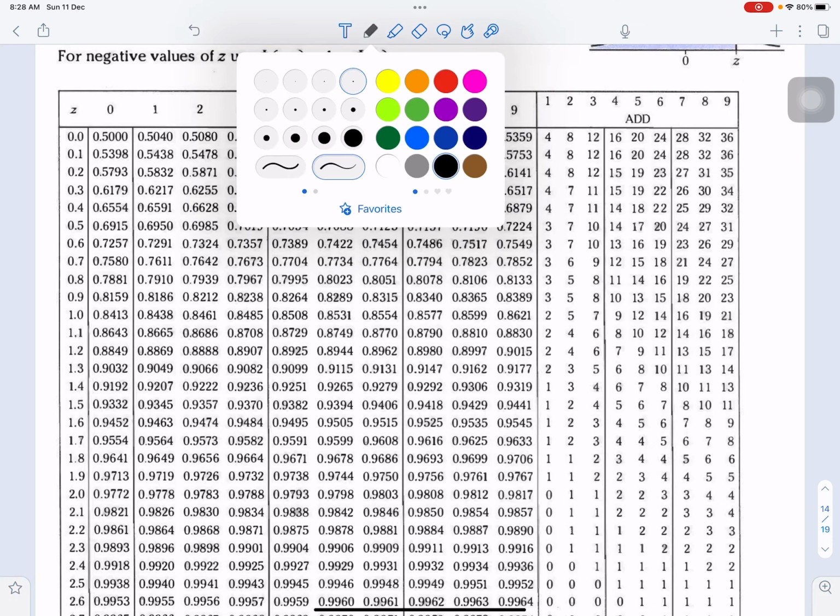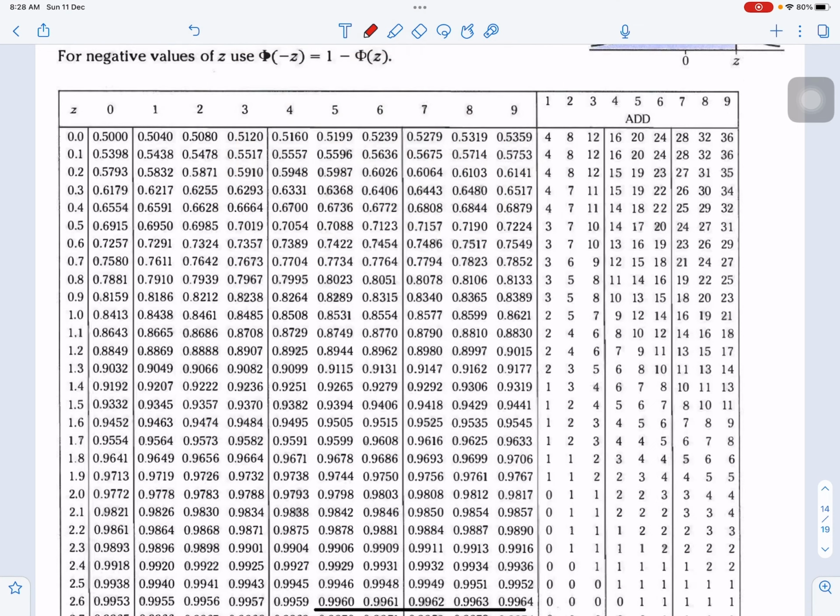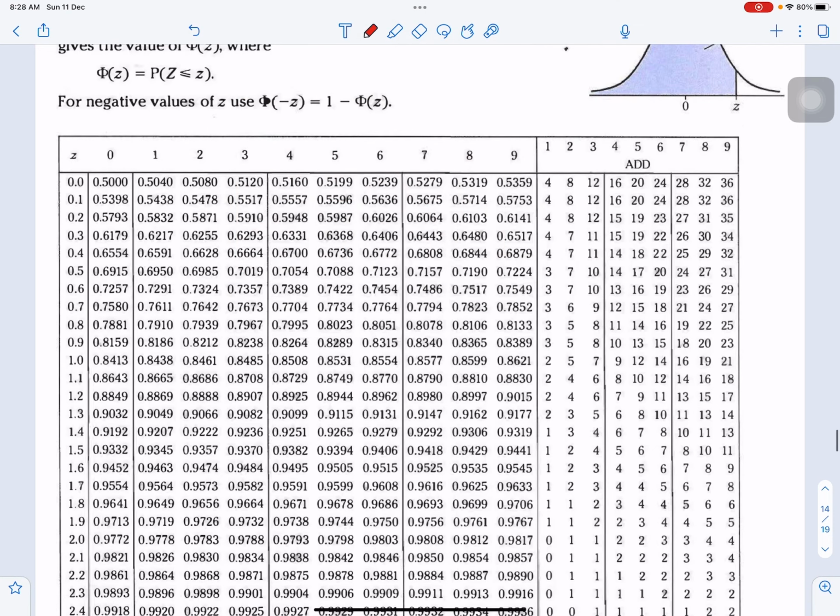So 0.754, where is it? 0.7 is here, 5 is here, I'm stopping here, and 4 is here. So I am talking about this number, 0.7734, plus 12, and we add 12 here.